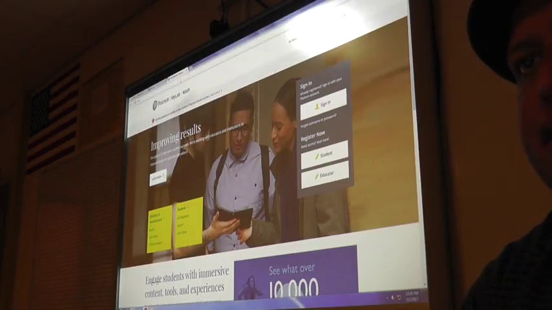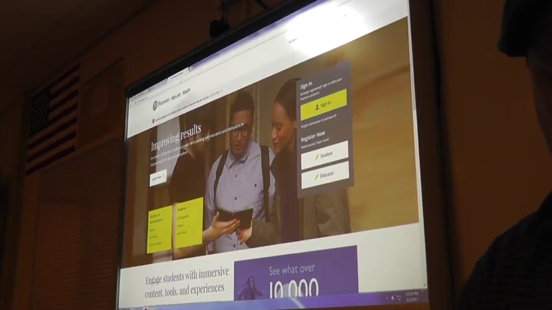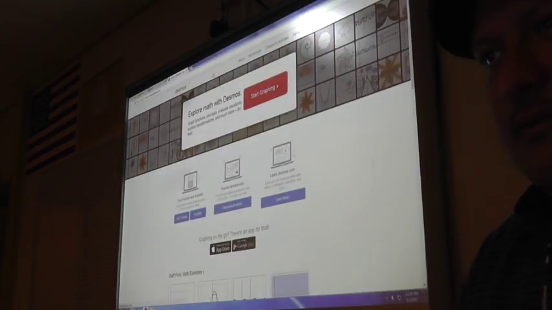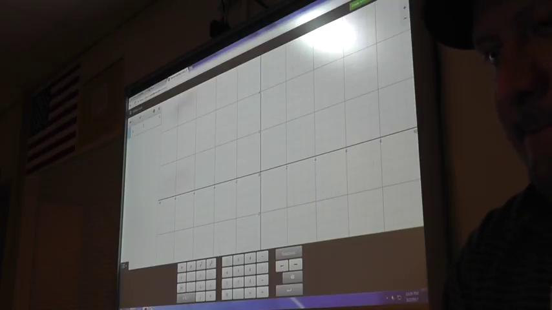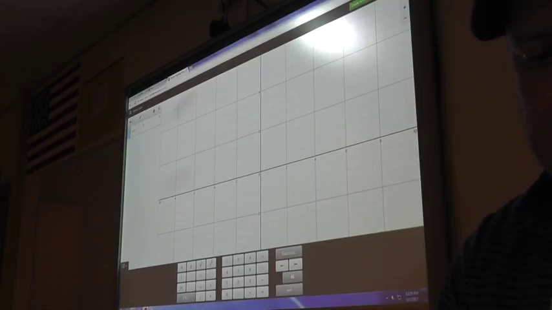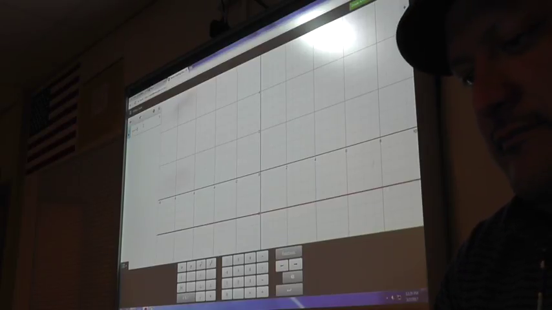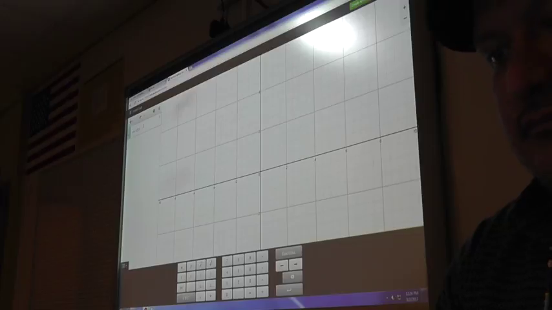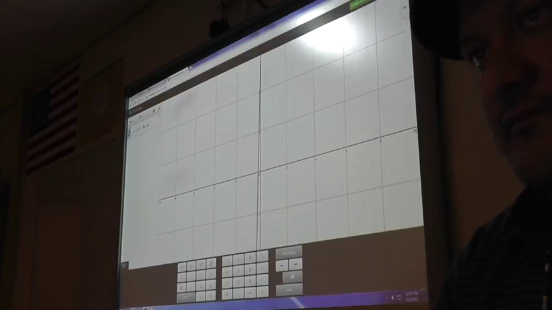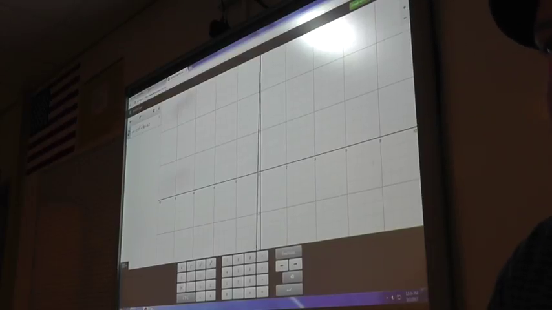Decimals. So if all else fails, you graph it. And then you could graph 12.